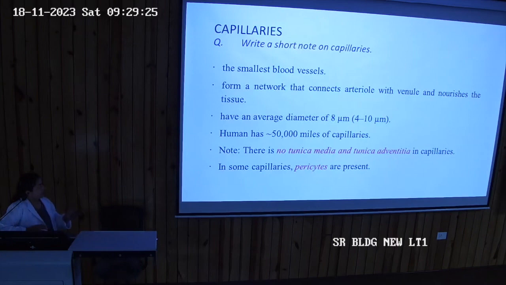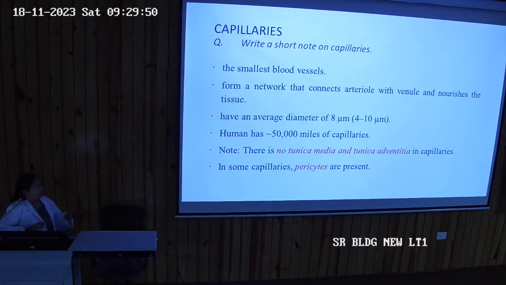What is the size of a capillary? It is in micrometers, while arteries and veins are in millimeters. The range is from 4 to 10 micrometers, about 8 micrometers. Capillaries are in micrometers, arteries and veins in millimeters. If you remember even this, that would be enough.